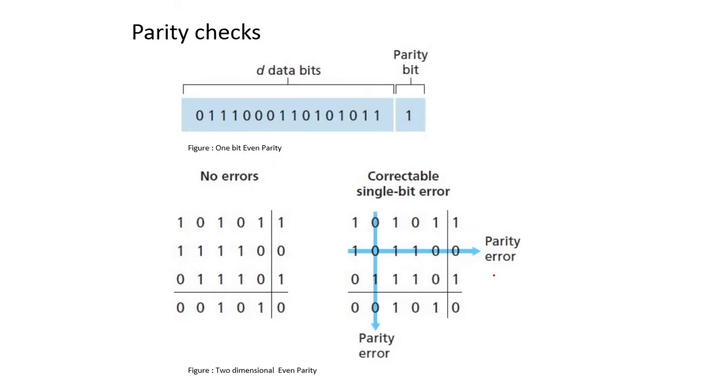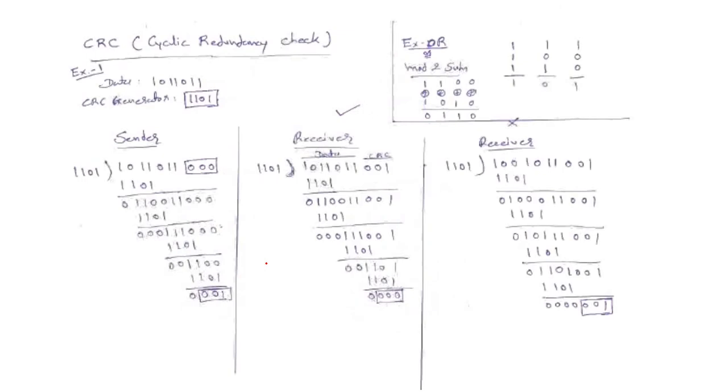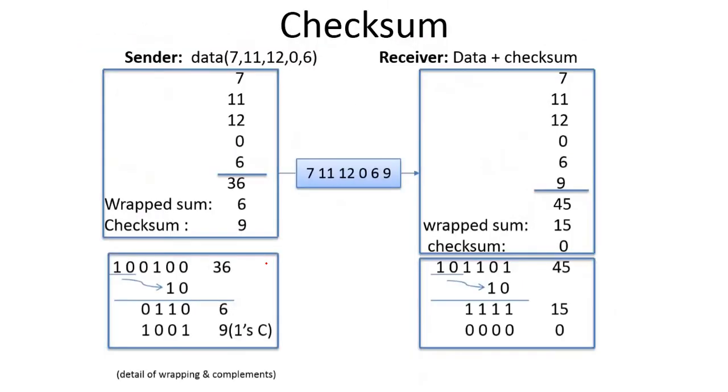In terms of parity check, we have learned two-dimensional even parity or odd parity, as well as an example of cyclic redundancy check. In that case, we have used the CRC generator. At the destination side, we verify the contents by using the CRC.